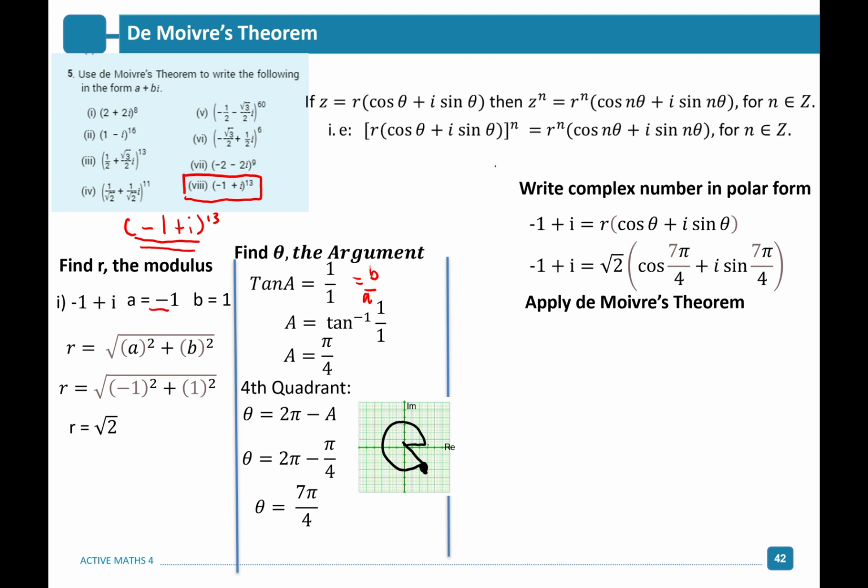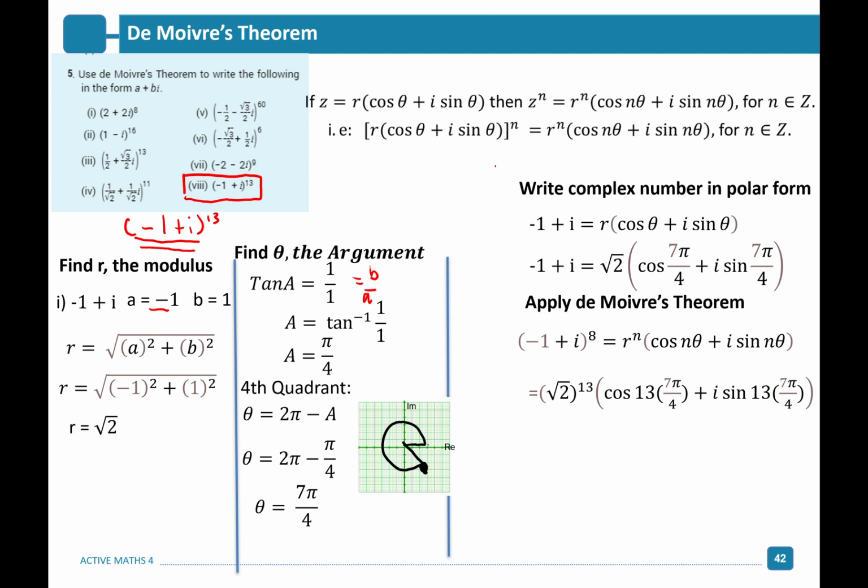We now need to raise our complex number to the power of 13. To do this, I apply de Moivre's theorem. Minus 1 plus i to the power of n can be written as r to the power of n times cos of n theta plus i sine n theta, where n is the power that we are raising our complex number to.